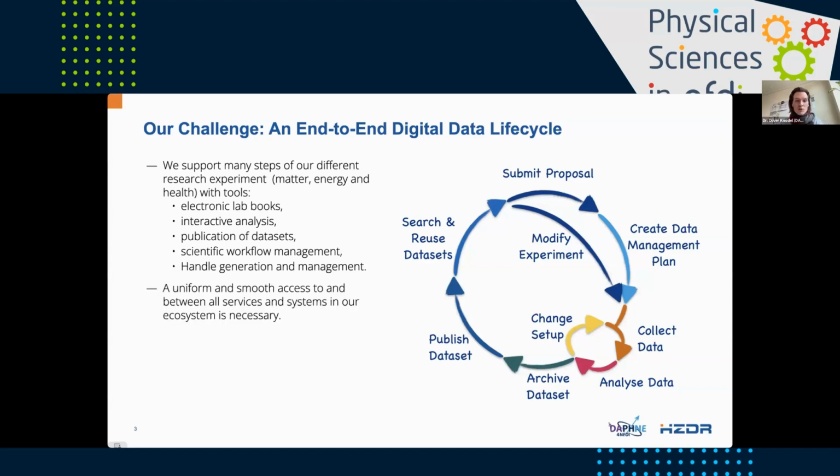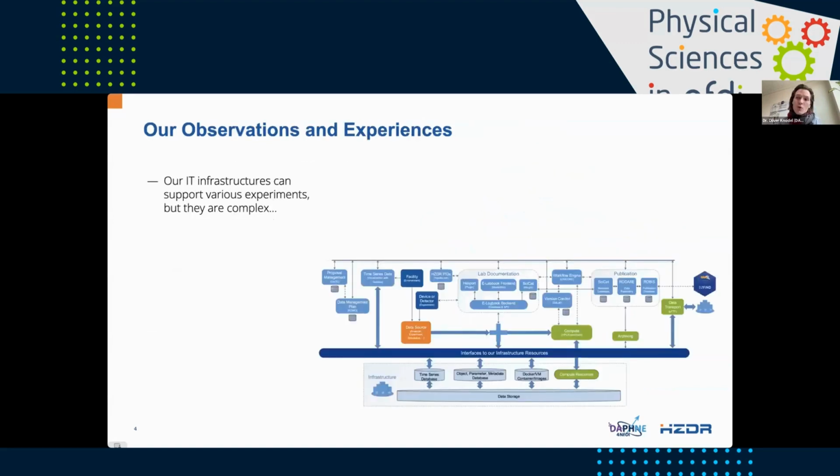But a uniform and smooth access between all these services is really hard work. And we need also documentation. We know that. Another big construction site. So when we go down to our real infrastructure we have at HZDR, for all these different steps, somewhere there is a system in our ecosystem. So we have here, for instance, a proposal management system. We have time series databases, we have the documentation, workflow somewhere, publication in the end.